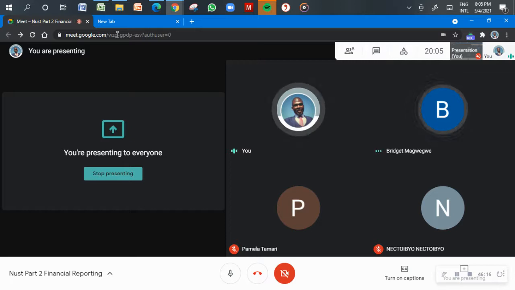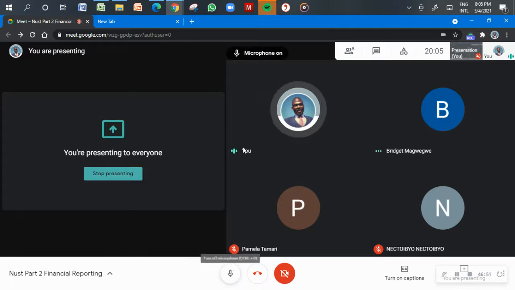Okay, what is a current asset? Okay, I think for current assets, look at your balance sheet. We have inventory, we have debtors, we have cash and cash equivalents, we have prepayments. What are those?